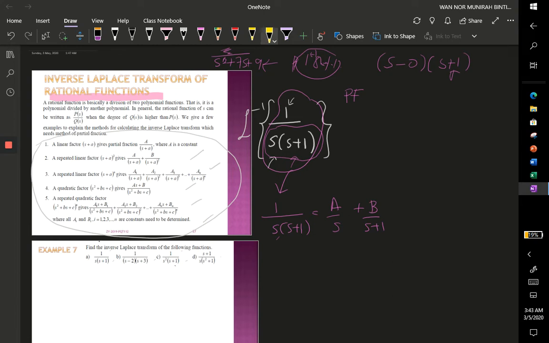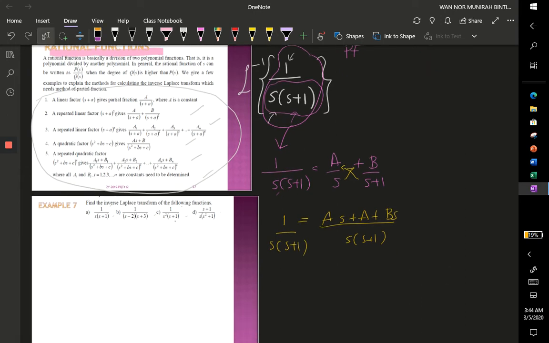So what we do is we cross multiply this. We cross multiply so that I have 1 on my left, and on my right I have A times s plus 1, so as plus A, plus B times s is Bs, where the denominator is s times s plus 1 because you already cross multiplied. So we share the same denominator now.